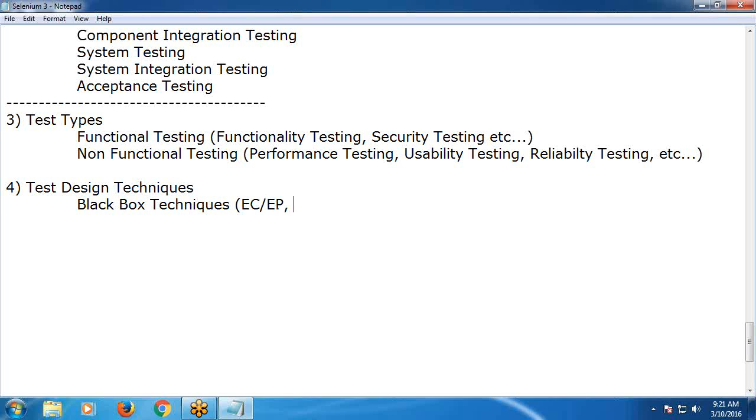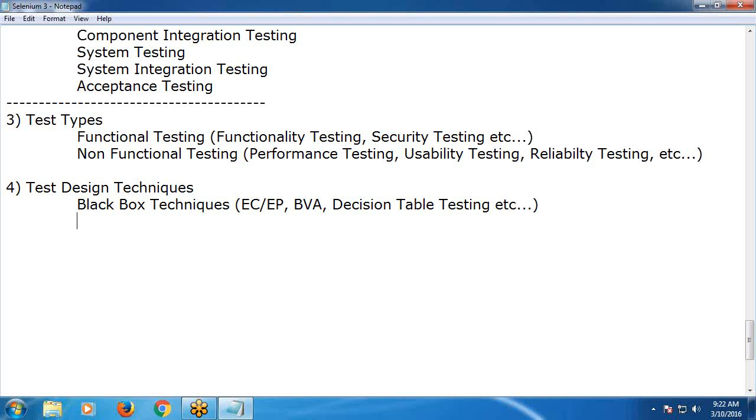Next, boundary value analysis. Next, decision table testing. State transition testing, use case testing, etc.